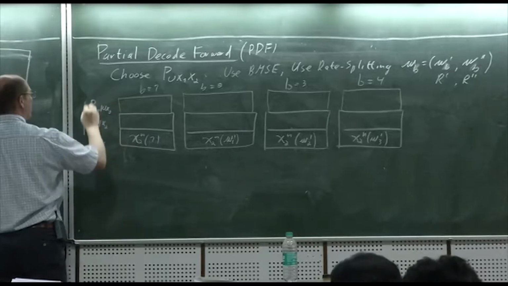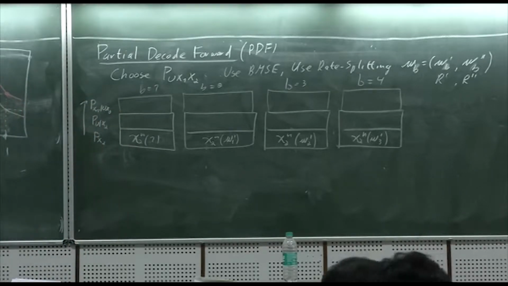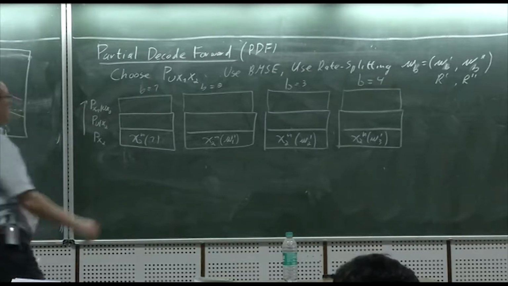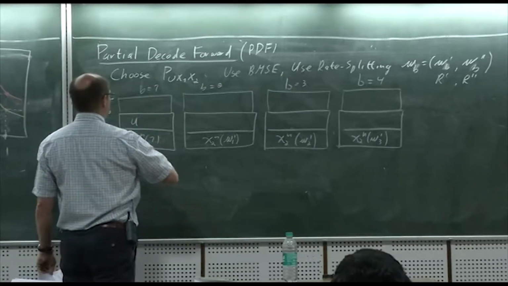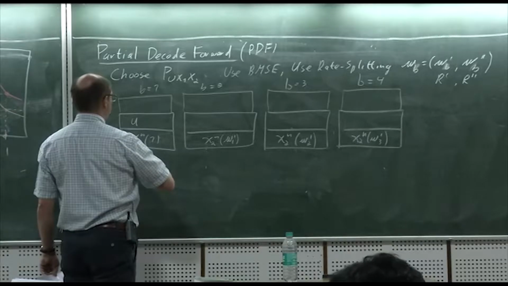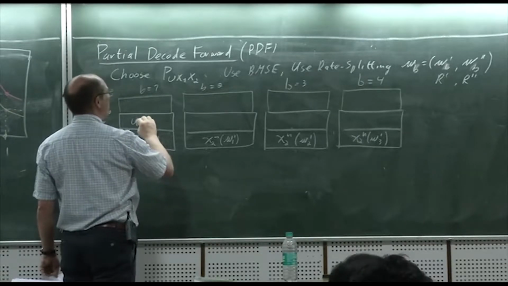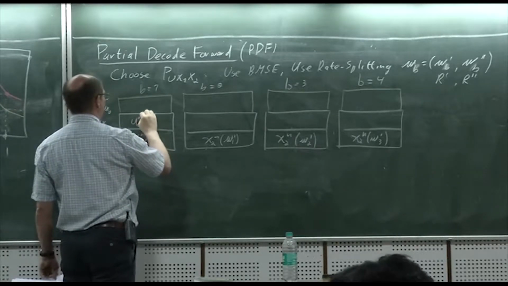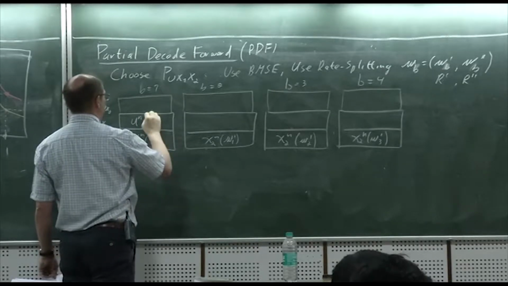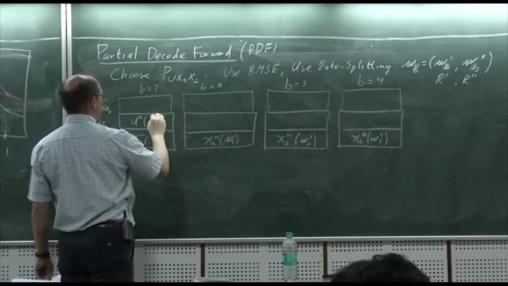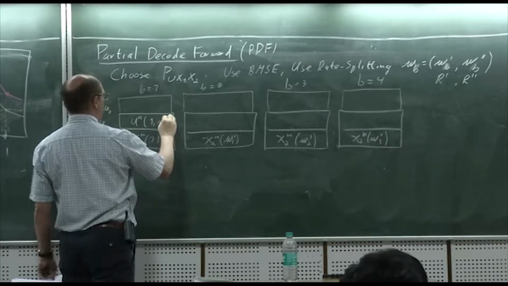So we're doing superposition coding over 3. We'll stack 2 codebooks on top. Here we'll do the U^n, we'll want this as a base layer and add W1.